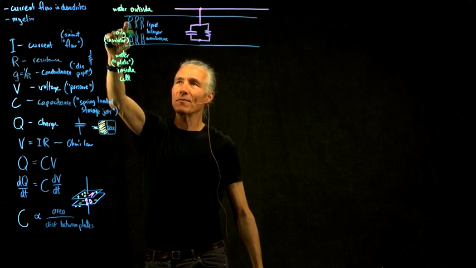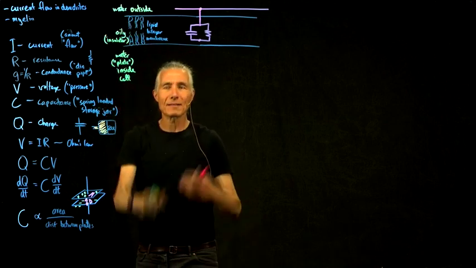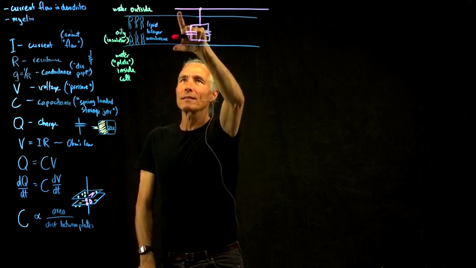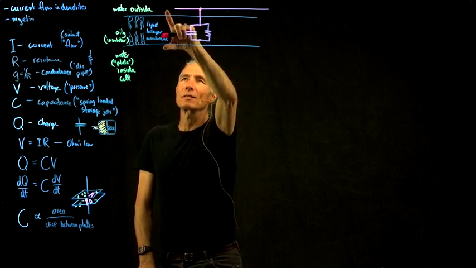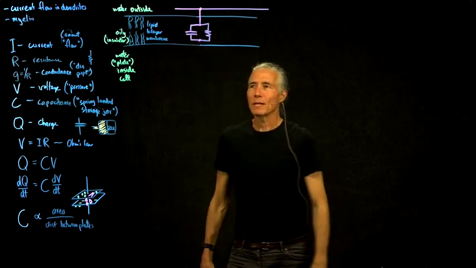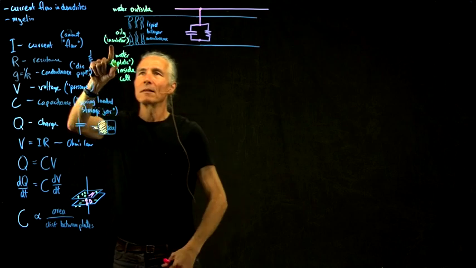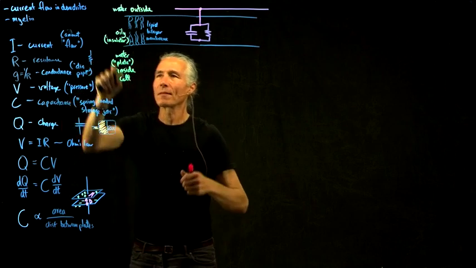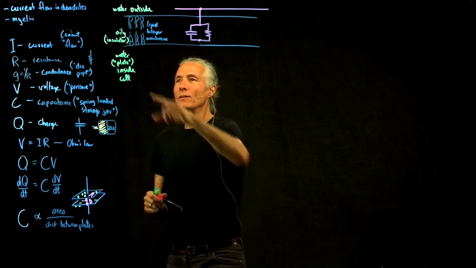So that's the membrane. But we're conceptually dividing it into two different things. One is some capacitance, which is the ability to store charges on either side of it. And the other is some resistance, because it's an insulator, but it's not a perfect insulator, so stuff can leak through it.